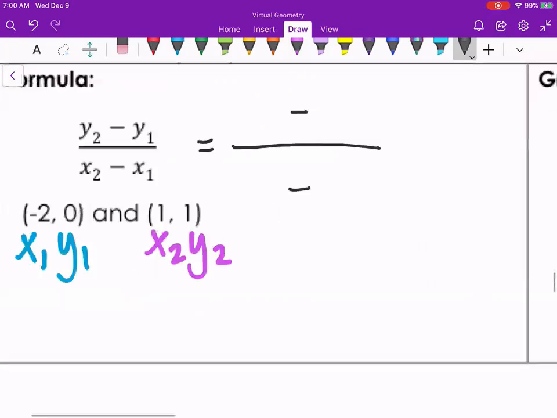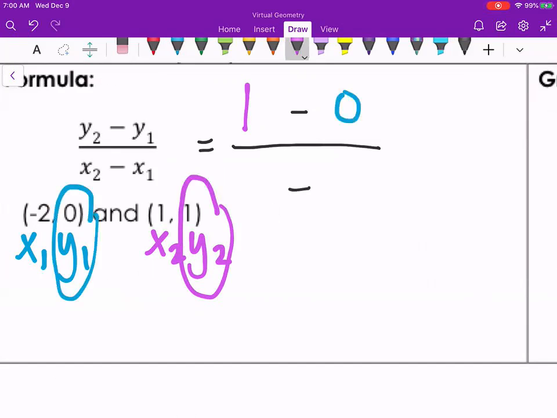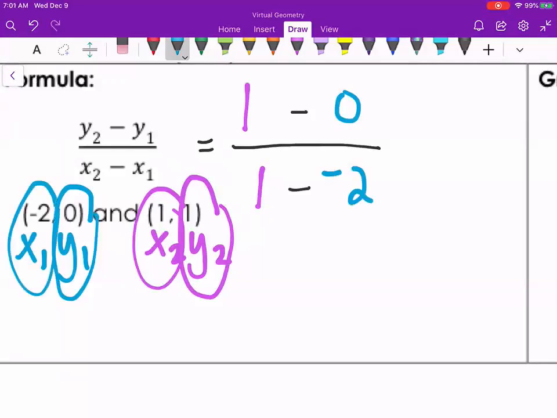So let's plug our numbers in. All right, y2 is a 1. y1 is a 0. And then we do the same thing to the x's. x2 is a 1. x1 is negative 2. So let's see what we get.